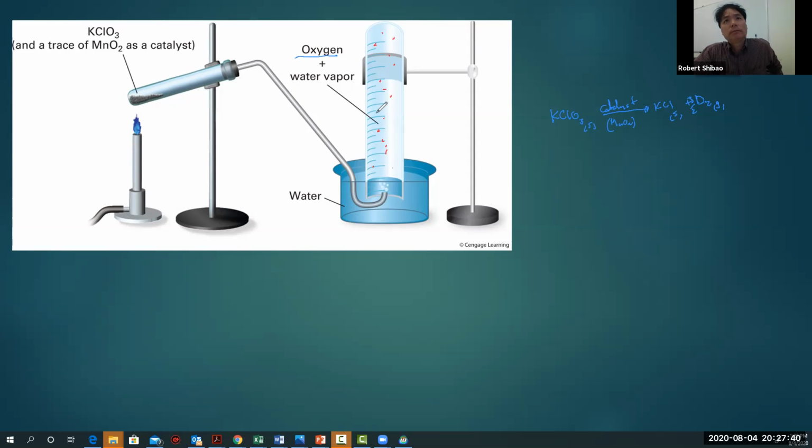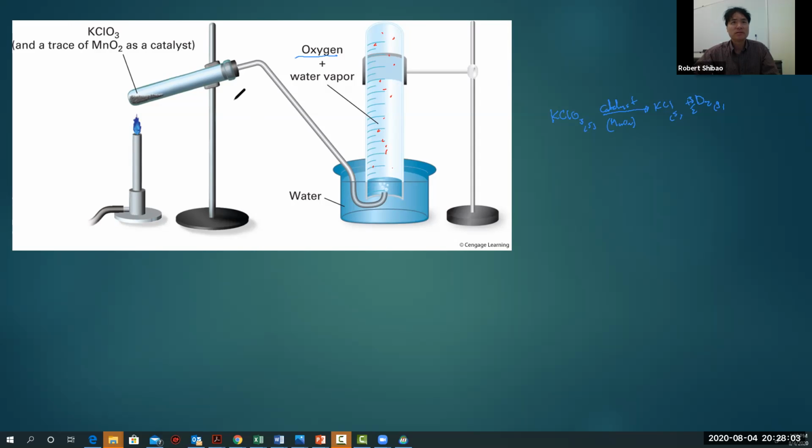This tube, this is a test tube. This tube used to be filled with water, 100%. So what you do is you take a test tube, you fill it to the top with water, you cover it, and then you flip it upside down, and you submerge the open end underwater. And so this tube was 100% filled with water.